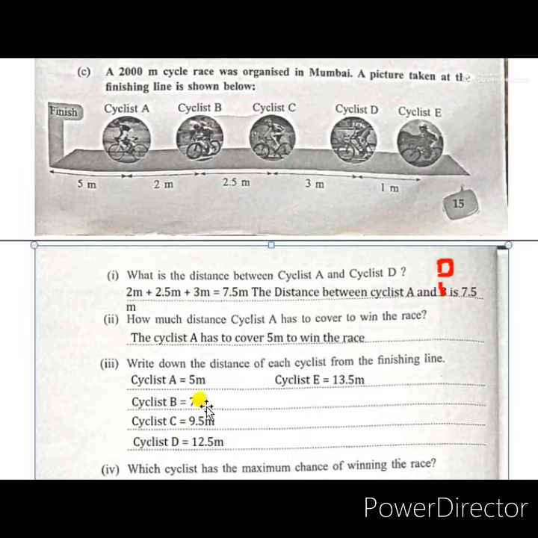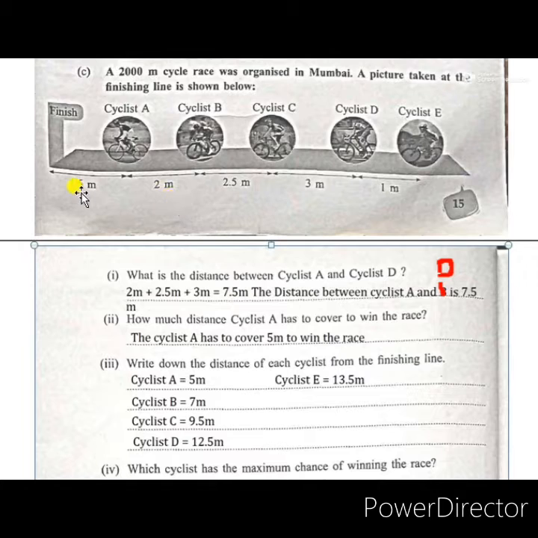Now we have to find the distance between the cyclist D and the finishing point. Here from the finishing point to the cyclist C is 9.5. Along with that we have to find the distance from C to D. And along with this 9.5, if we add 3 meter, we will get the distance between finishing point and the cyclist D. Otherwise, you add 5 meter plus 2 meter plus 2.5 meter plus 3 meter.